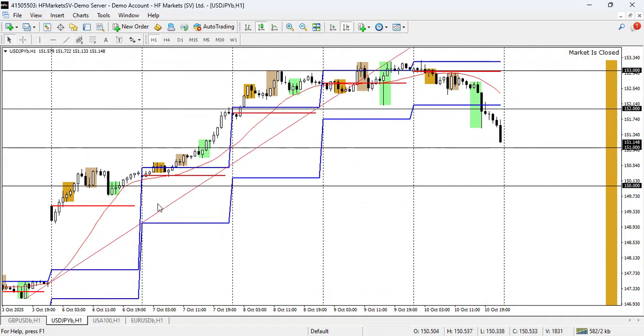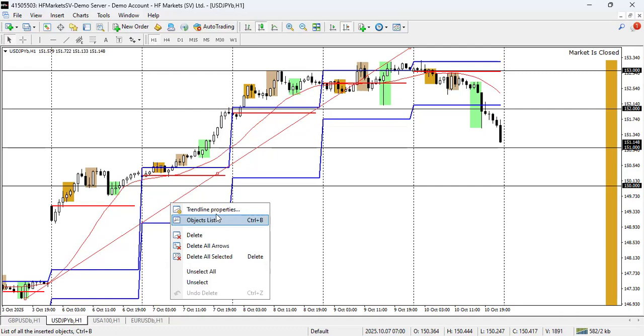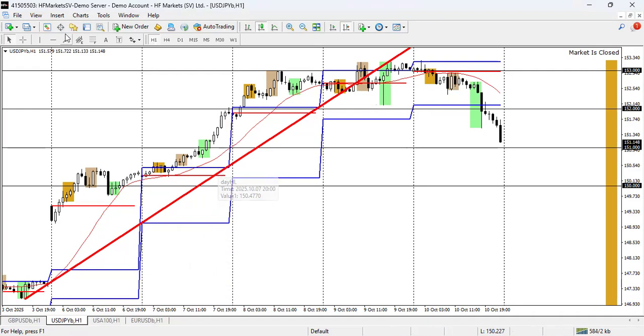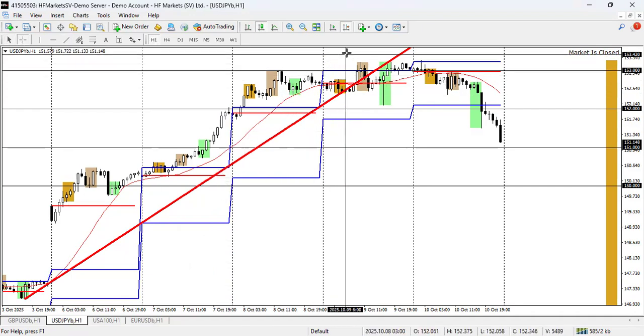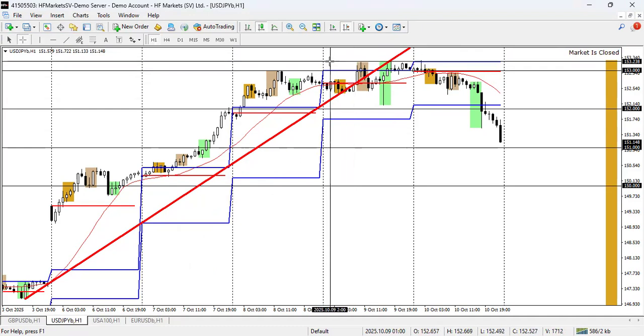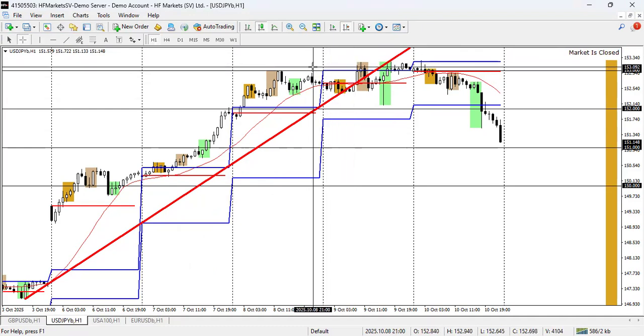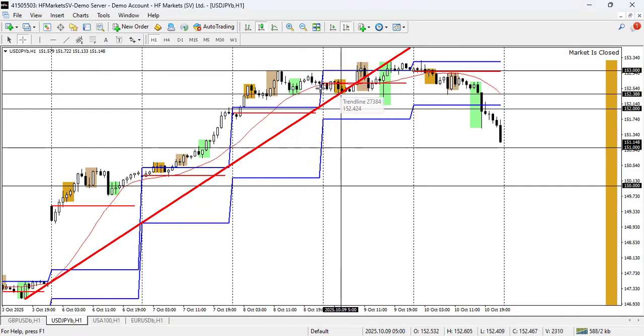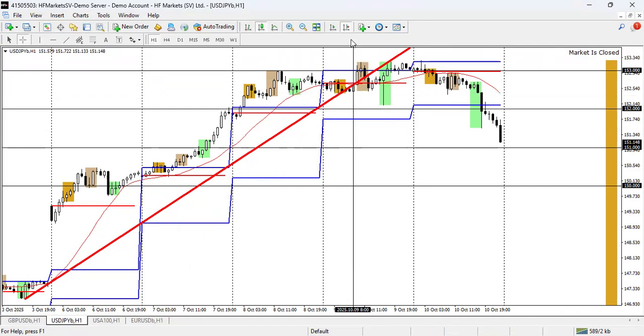You have this trend line, which is a trap. Most traders, of course, we hope that they come to test the trend line and continue to go.